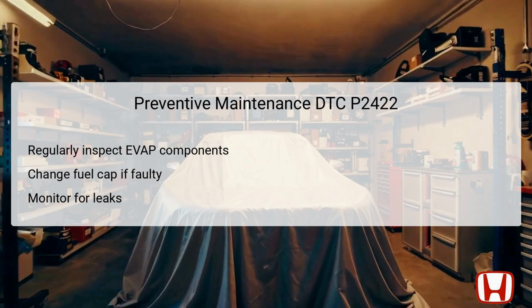Additionally, if the fuel cap appears to be faulty, replacing it promptly can prevent vapor leaks, which could lead to similar diagnostic trouble codes in the future. Monitoring for signs of fuel vapor leaks is essential. Visual inspections and sometimes even the use of diagnostic tools can help in this regard. By implementing these preventive measures, you can help maintain optimal performance and emissions compliance for your Honda Civic.